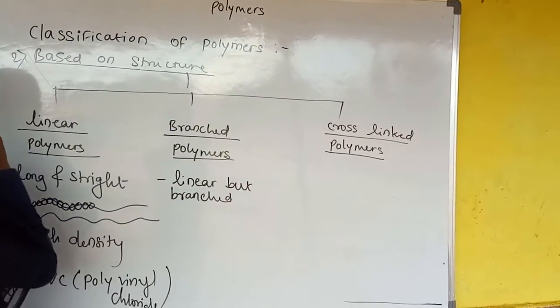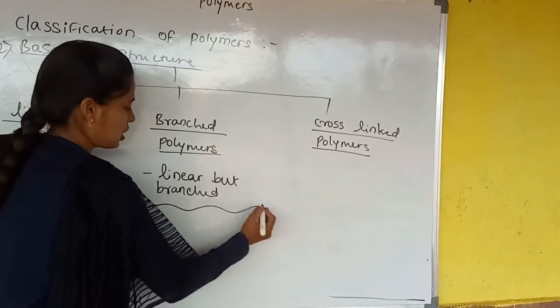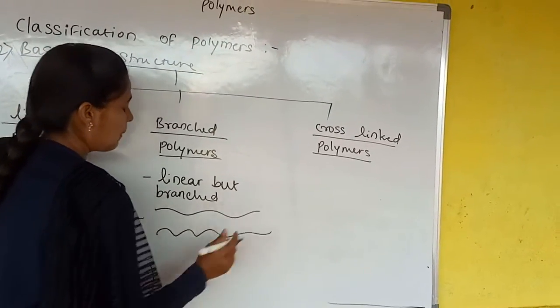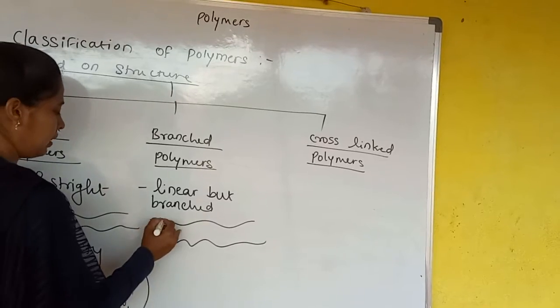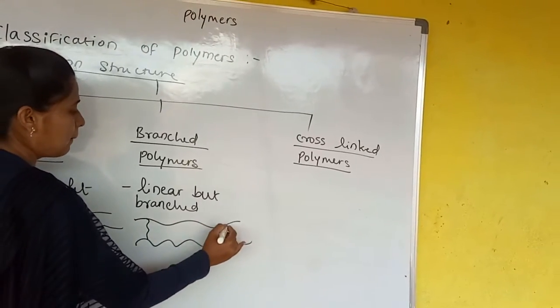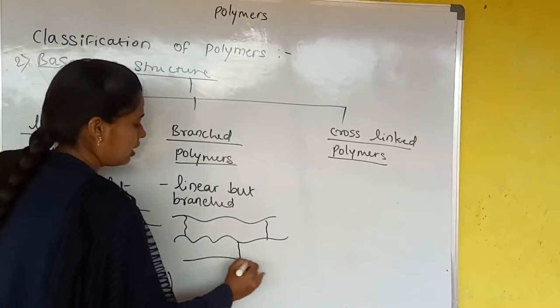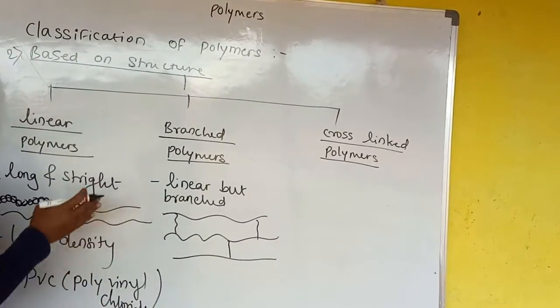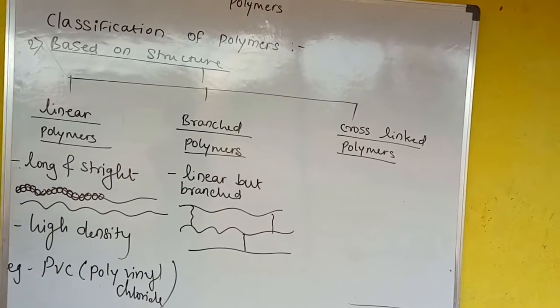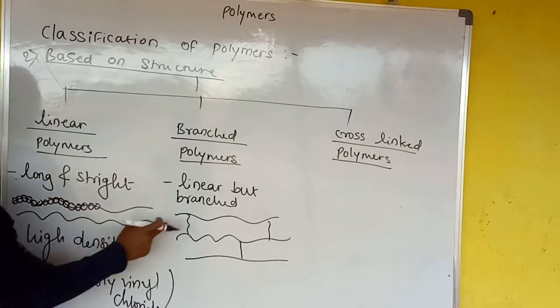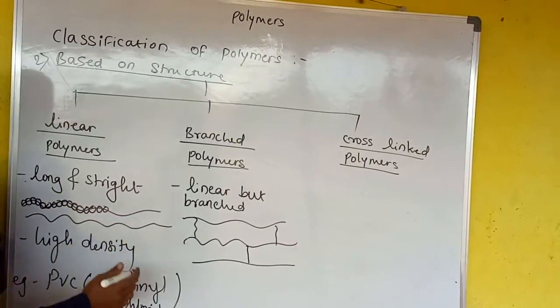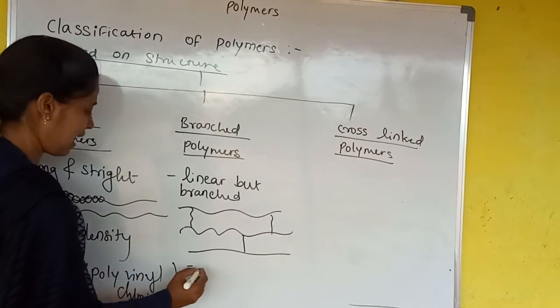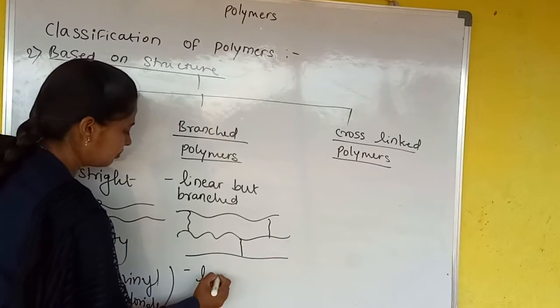Suppose this is my linear chain, this is also my linear chain, but in between a branching occurs. So this is the branched polymer, and because of the branching, the density of this polymer will get reduced. It has lower density.